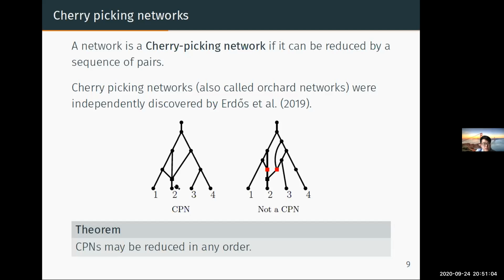If we were to pick the reticulated cherry 2, 1, then we showed that any new cherry or reticulated cherry in the resulting network must contain either 1 or 2. So it really has to be within the neighborhood of the leaves that were involved in the cherry reduction from before. And that is the reason why you can pick a cherry-picking network in linear time.